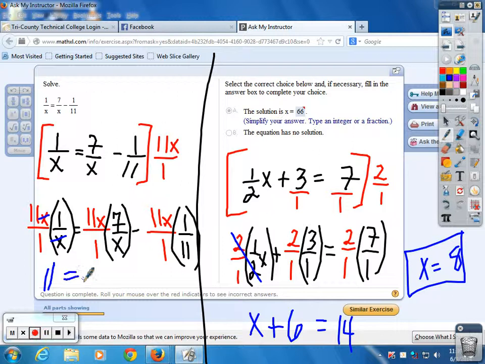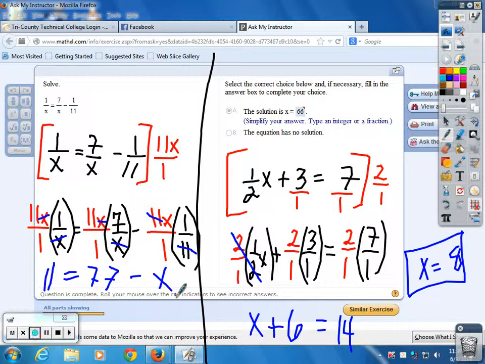11. X cancels. What's 11 times 7? What happens here? You're left with, and x is equal to what?